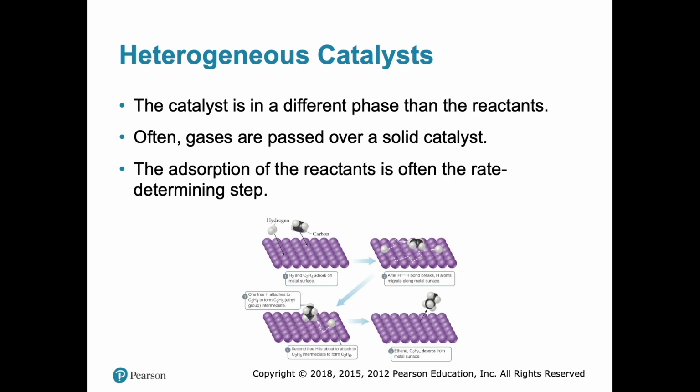So they're not the same phase, right? In the homogeneous catalysts, they're the same phase. But in the heterogeneous catalysts they are not the same phase, right? We have a gas here, but we have a solid here, right? And so the catalyst will help the two molecules get closer to each other, and then the platinum will add the hydrogens to the molecule, making a new molecule.